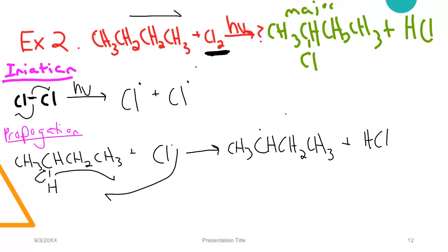So here is my first product, and here is an alkyl radical. Everyone following me so far? And this radical, this unpaired electron, is on this carbon, which is connected to 2 other carbons, so this would be a secondary radical.